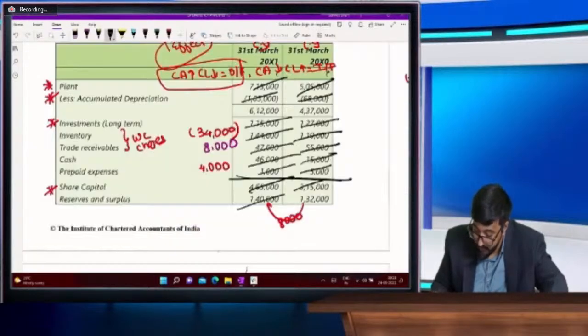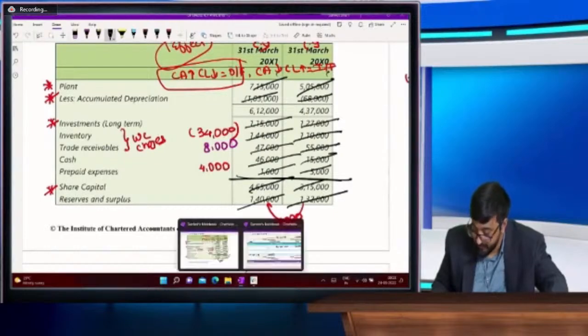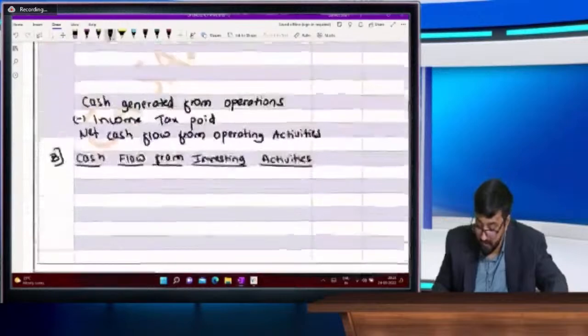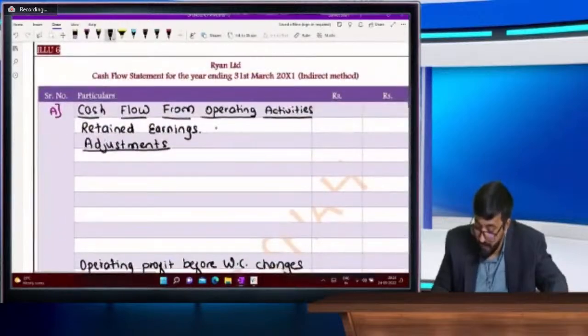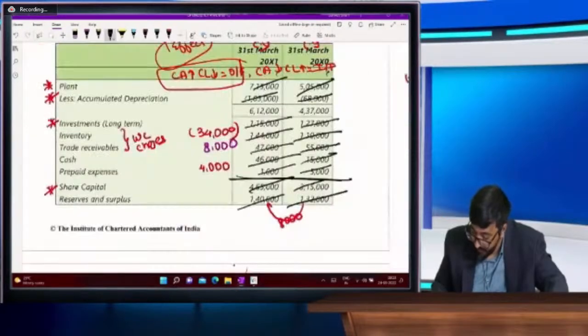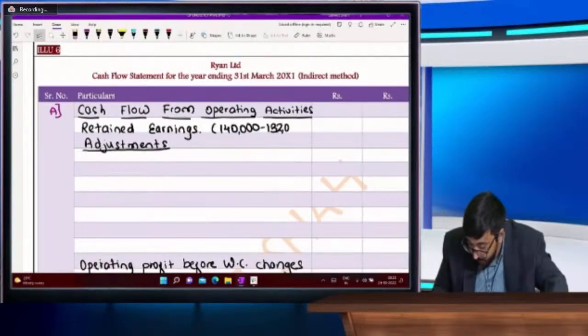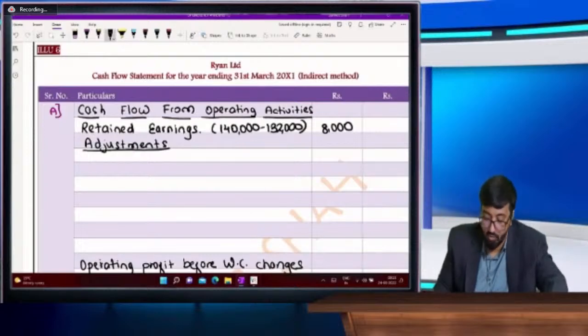Next one is retained earnings, reserves and surplus. Retained earnings, we will write here. We started with retained earnings 140 minus 142. Retained earnings 8,000.